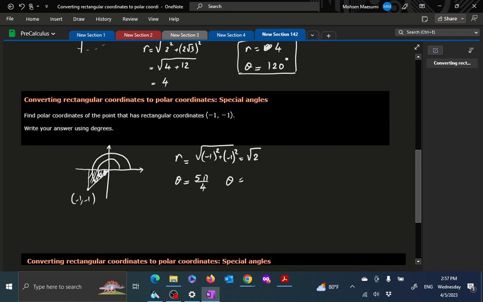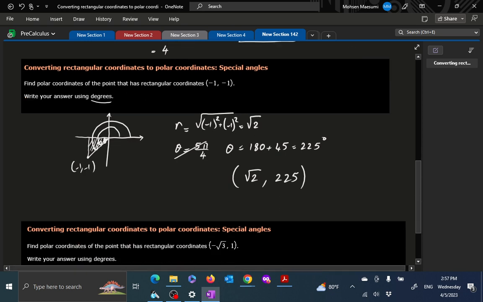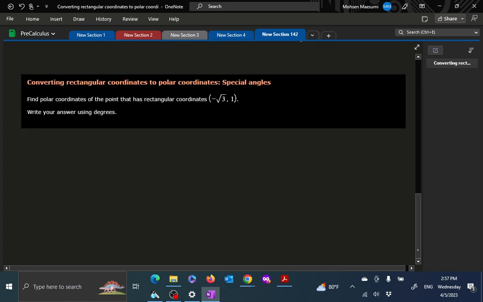So theta is 180 plus 45 degrees. So we have to write 225 degrees. So the coordinates here would be radical 2 and 225. On your software, you probably have to write it something like that. It puts the degree symbol for you, so you don't need to worry about that.